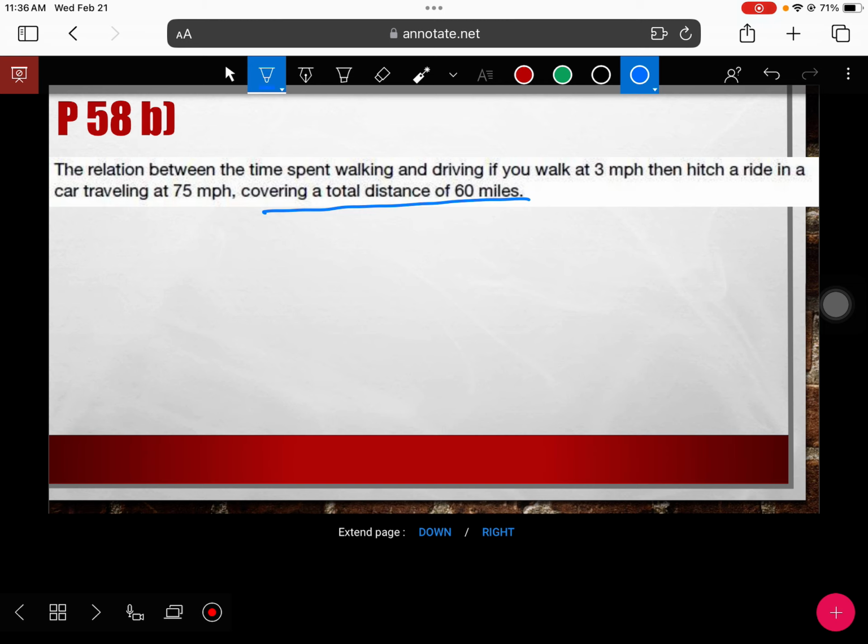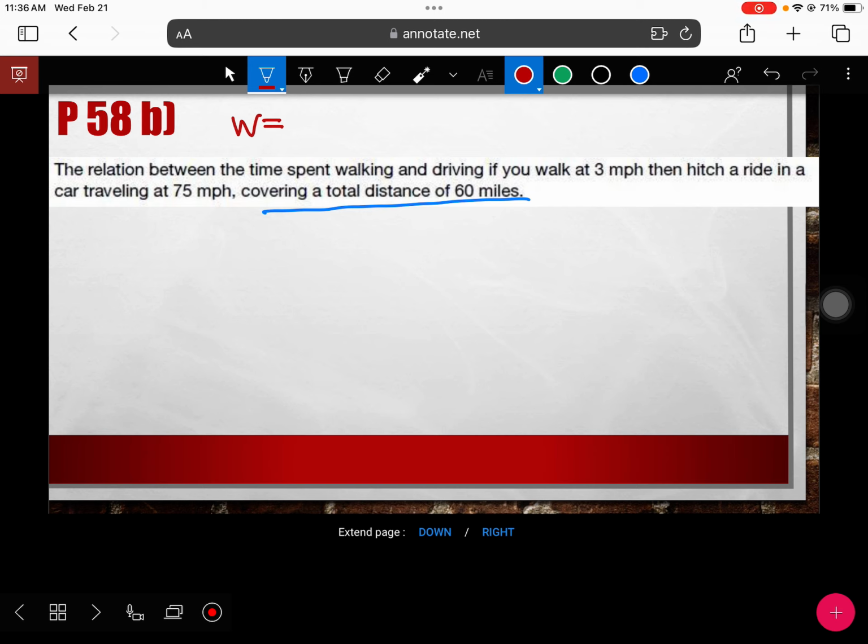Okay? Let's start talking about this very generally. What variables might we use? W is for walking. So we need to kind of get specific.